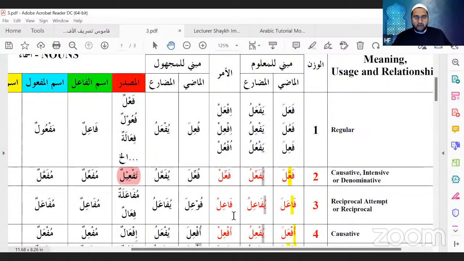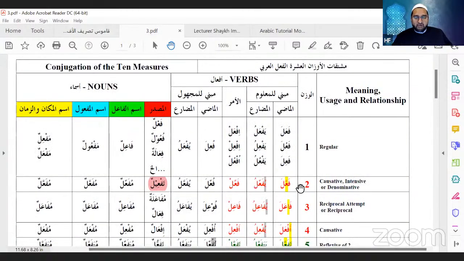Yes. Right. Now, whenever a verb comes on the pattern of this with a shadda in the middle radical, it conveys 3 meanings. Of course, these 3 meanings will not all occur at once.